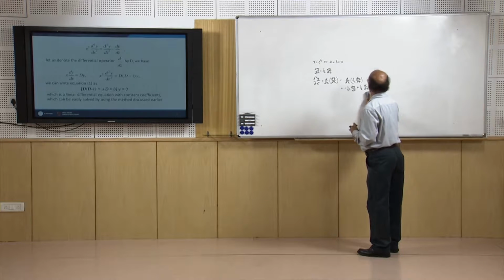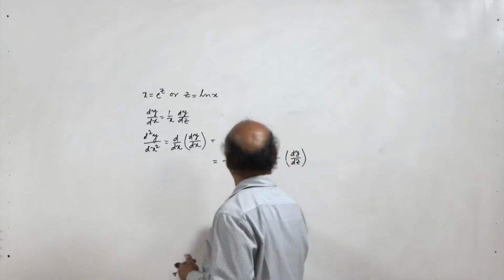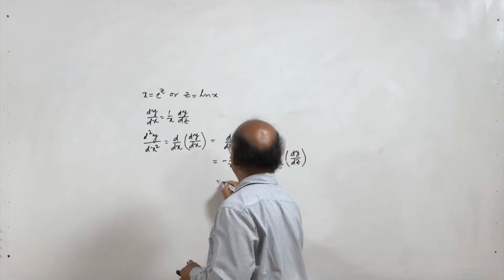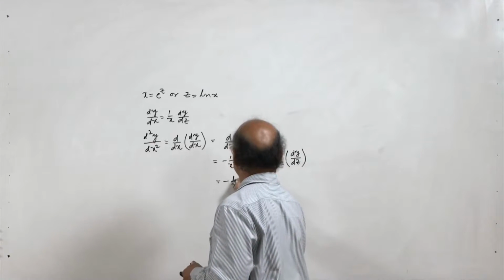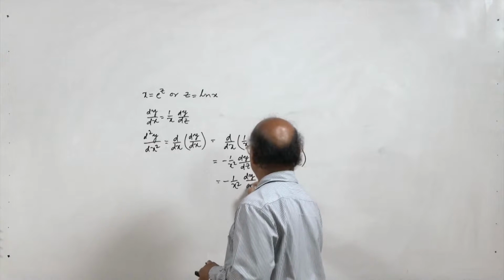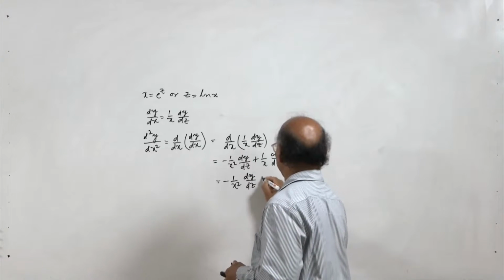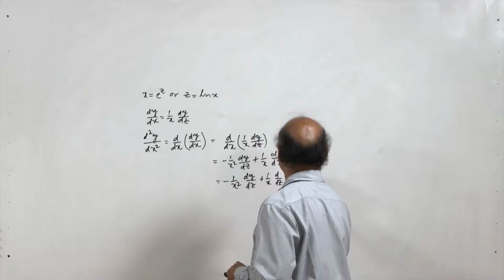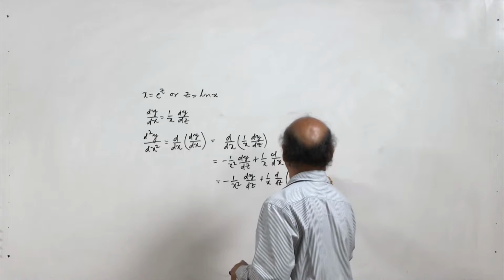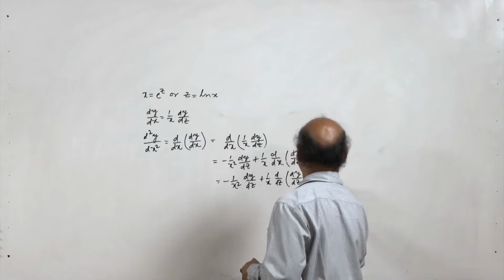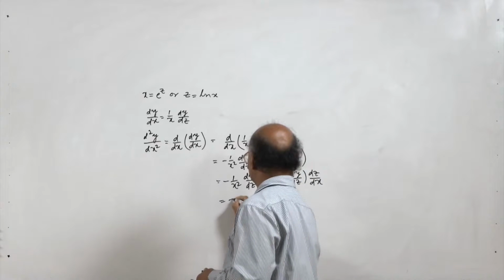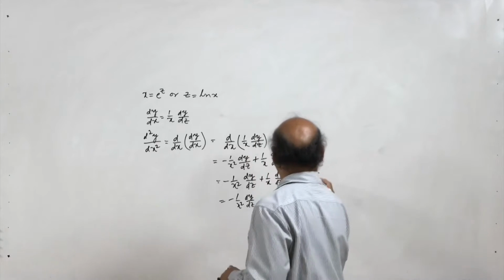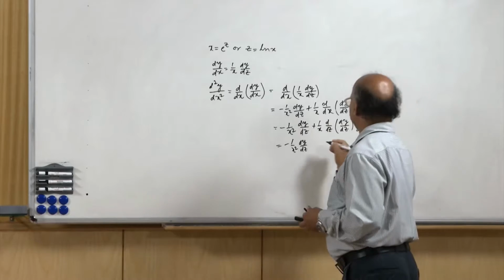So this is minus 1 over x square dy by dz, and then 1 over x times d over dz of dy by dz into dz by dx. Okay, that is right. And dz by dx we know is 1 over x.